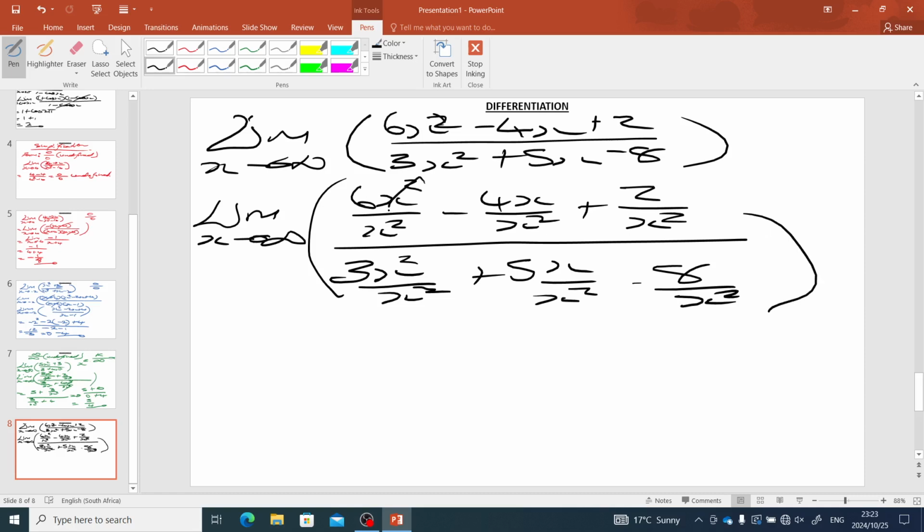The x squared and the x squared will cancel out. The x will be cancelled from the x squared. Then we'll be left with 4 divided by x. Then this side it will be 2 divided by x squared.